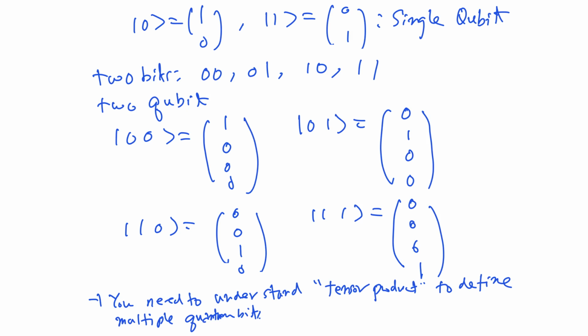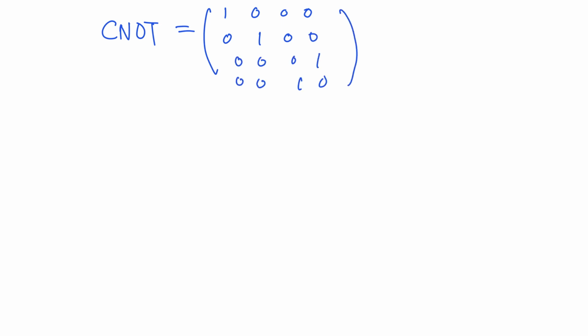There is another operation. 0 1 is 0 1 0 0. Maybe I just need C naught, which is defined as 1 0 0 0, 0 1 0 0, 0 0 0 1, 0 0 1 0. So 2 qubits is a 4 by 1 matrix.